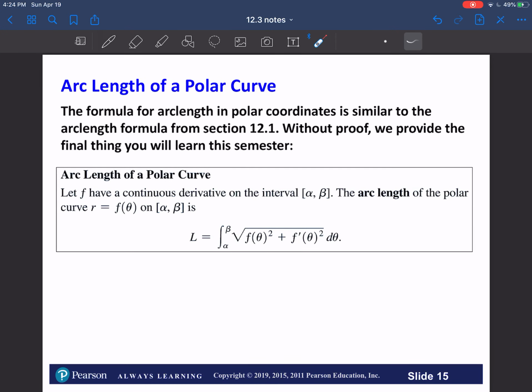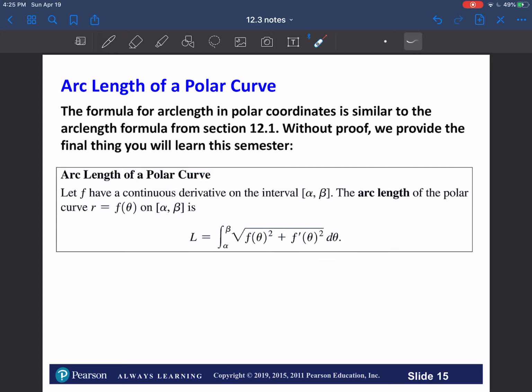Alright, the next thing we're going to talk about is the arc length of a polar curve. So the formula for arc length in polar coordinates is similar to the arc length formula that we learned in section 12.1. Remember, that's the Parametric Equations section. So without proof, we're going to provide you the final thing that you will learn this semester, and that is this formula.